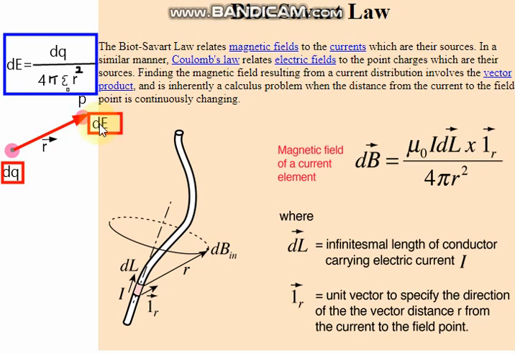Then the magnitude of this dE will be given by dq, which is the source charge of this dE, divided by 4 pi epsilon naught times the square of this distance between dq and the point P, which is our observation point.